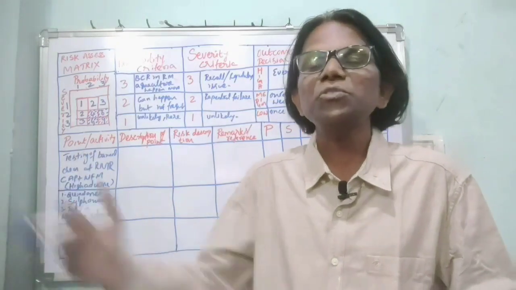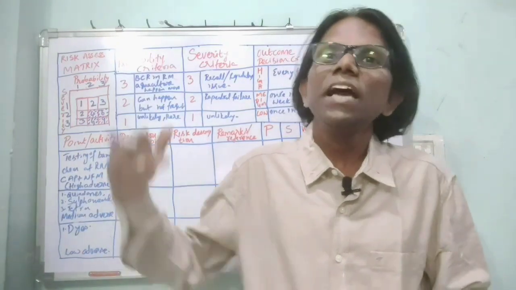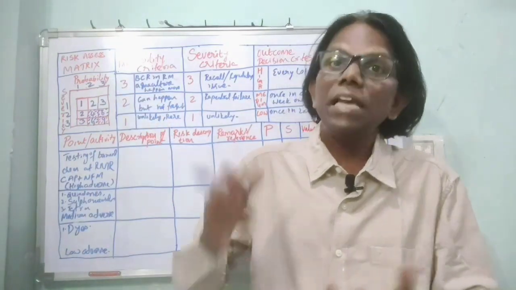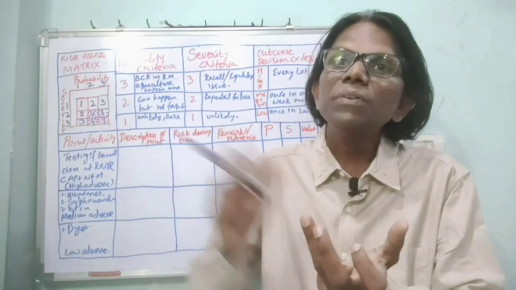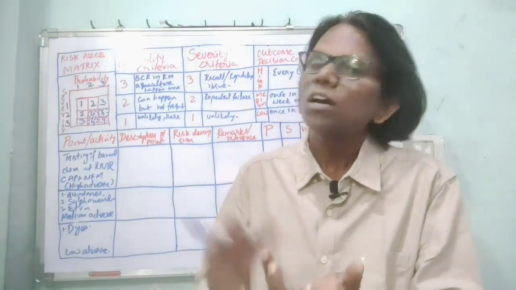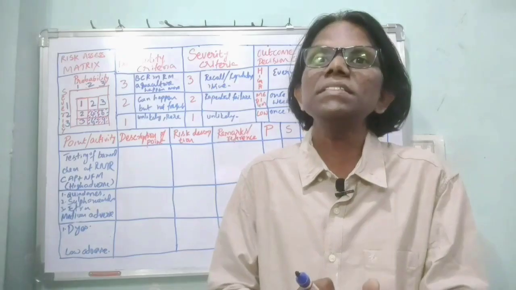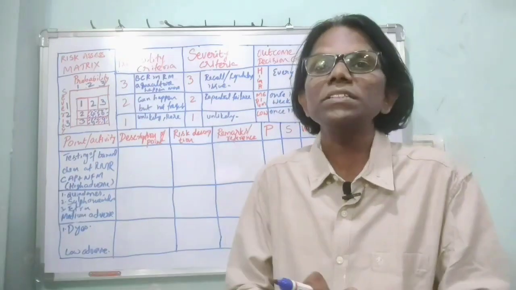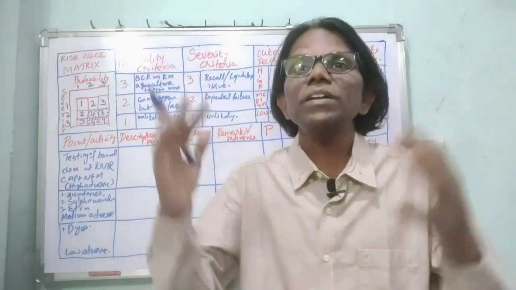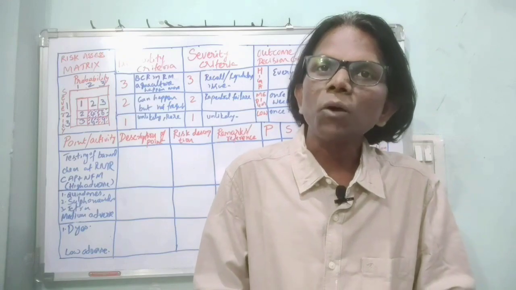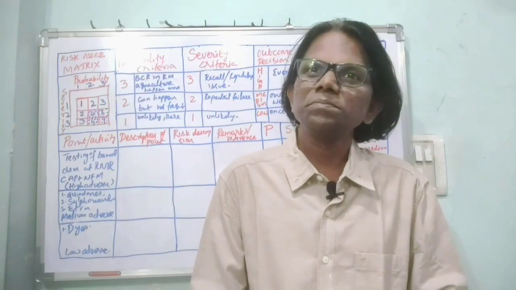You can establish the frequency of testing at the raw material receiving stage: every lot of receipt, or once in a week one lot will be selected, or once in 2 months, depending upon the different parameters. Now let us start the video.